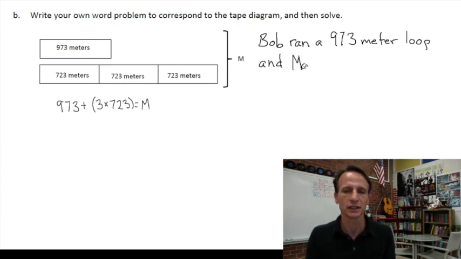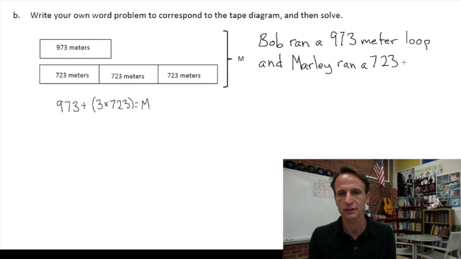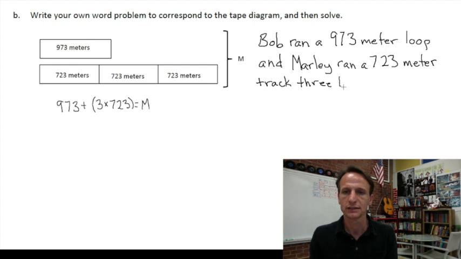And Marley ran a 723 meter track three times.